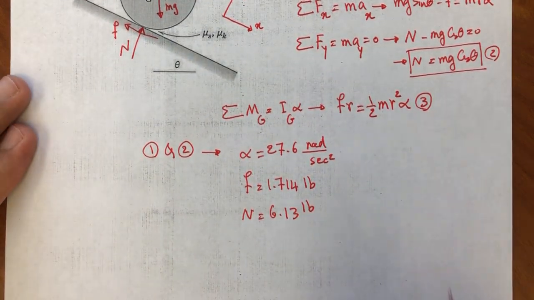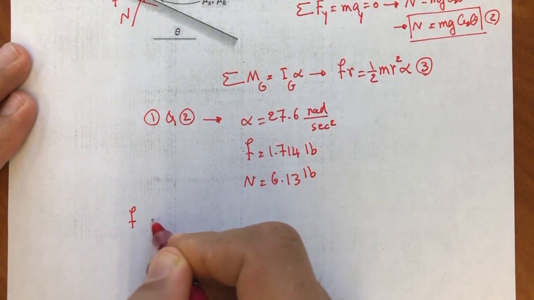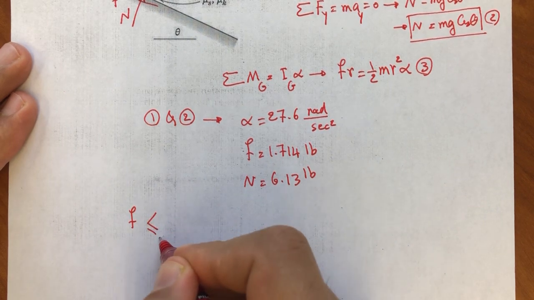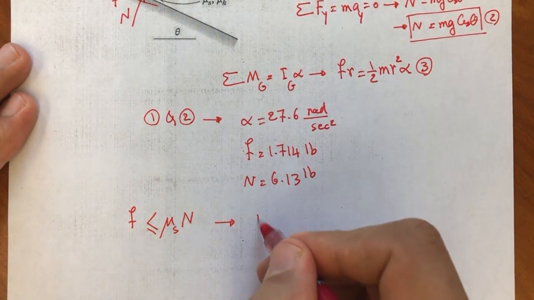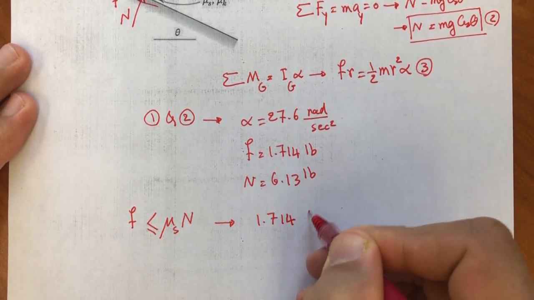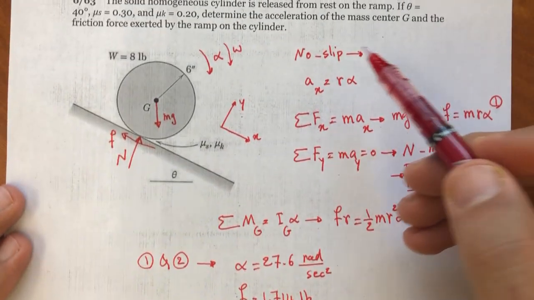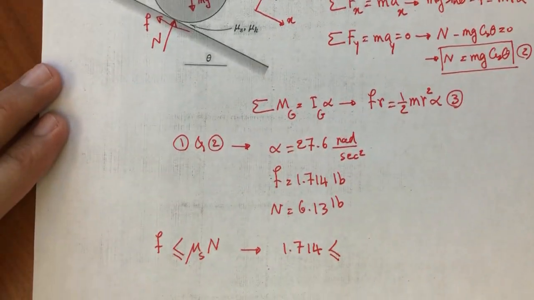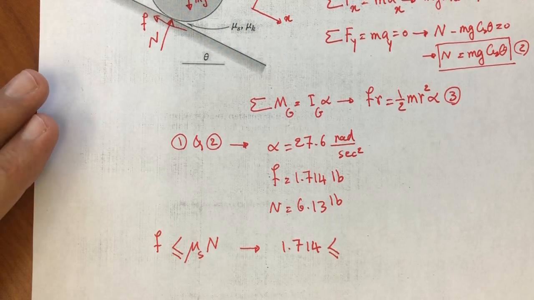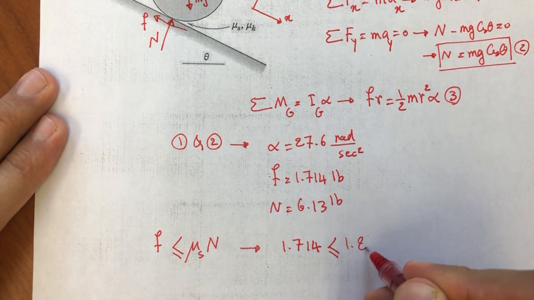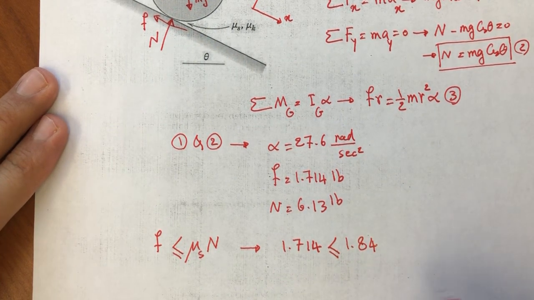Now we need to check the criteria. We assumed there is no slip, but the criteria for that is this: the friction force that we found here must be less than or equal to mu s times N. If you put the numbers, friction force is 1.714, which must be less than or equal to mu s times N. Mu s is given, mu s is 0.3, and if you multiply by the normal force, it's going to be 1.84, and this is true, so it checks.